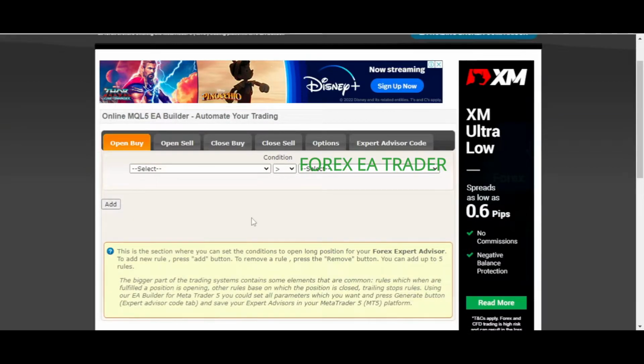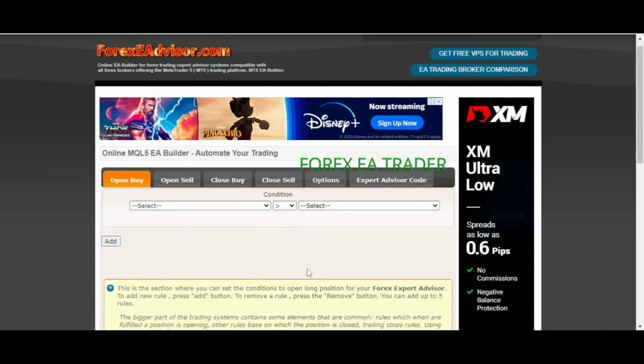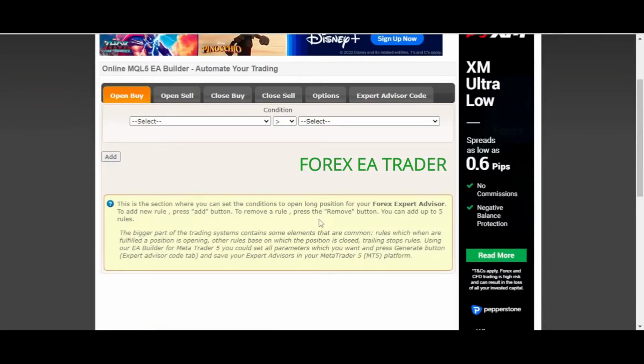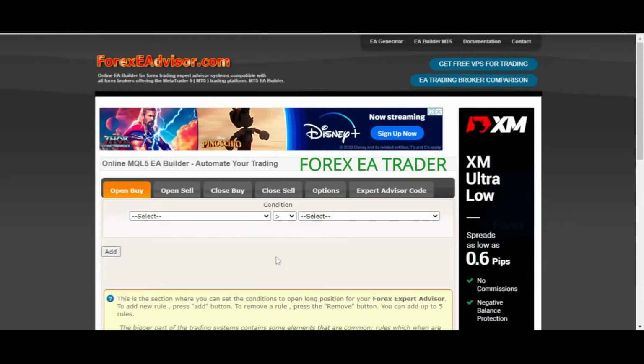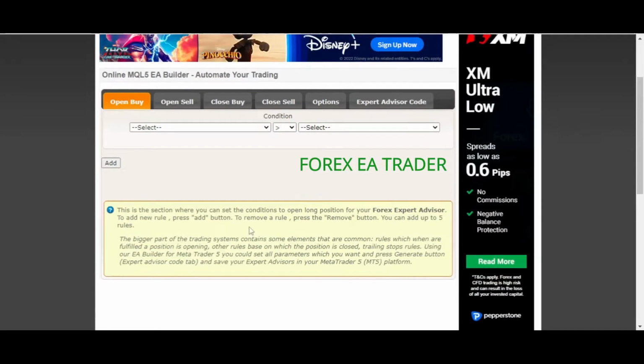That's why sometimes I do not use it. But if you have a very simple, easy to follow forex trading strategy, this is also a very good EA builder. I'm not in any way affiliated with them, or endorsing them, but I've just been happy with using this EA builder as well.